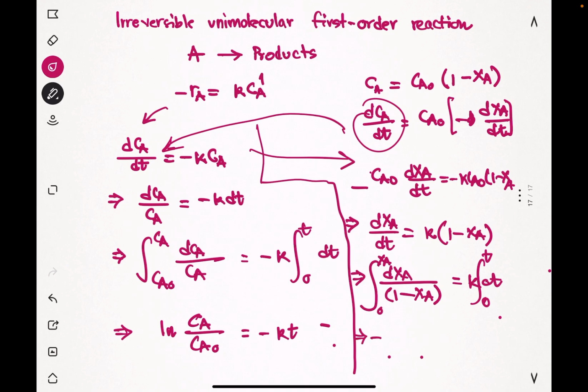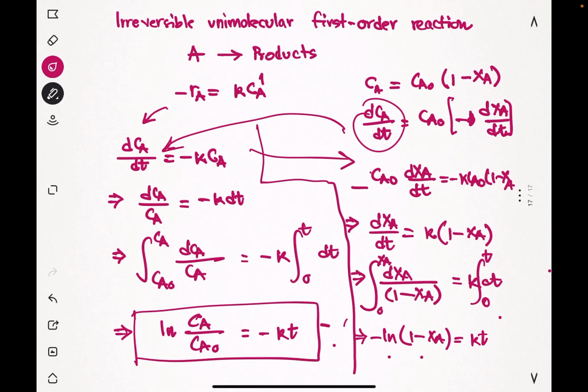So the linear form becomes minus ln 1 minus XA equals kt. Now we have two equations, and we can arrive at one from the other very easily. We just need to put the equation for CA in terms of XA, then we get the other equation.